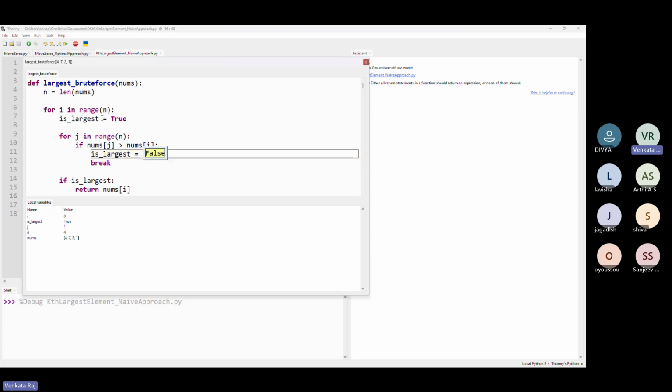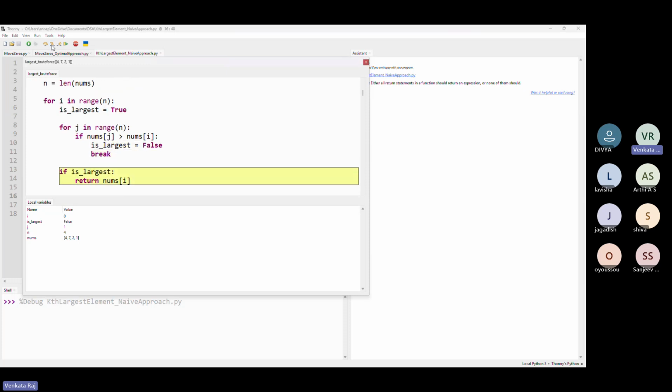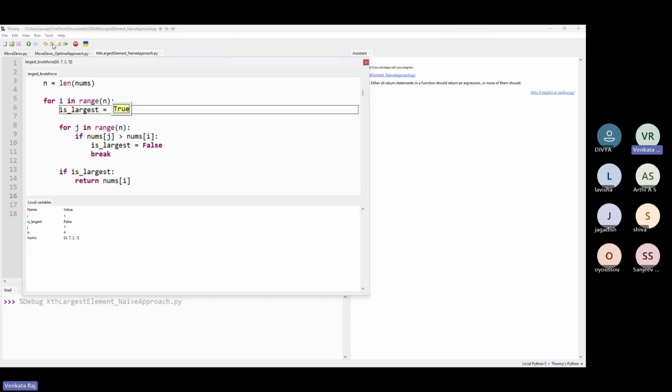So whatever we had set, is_largest equal to true for 4, we are ignoring it and making it false. We are telling is_largest is false, and we are going back to the for loop to the next element.